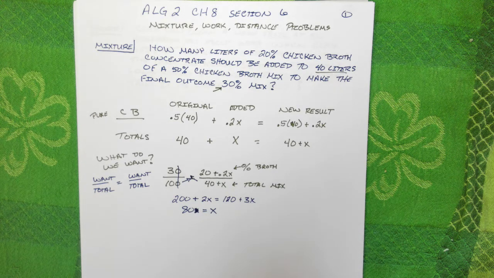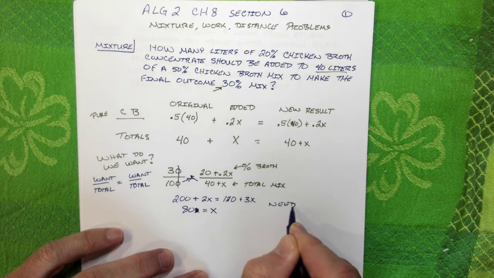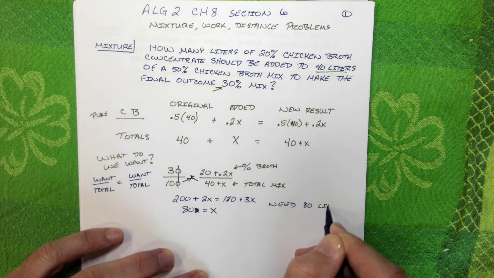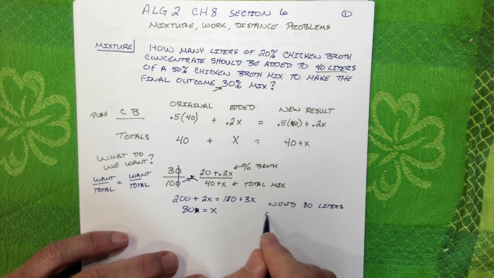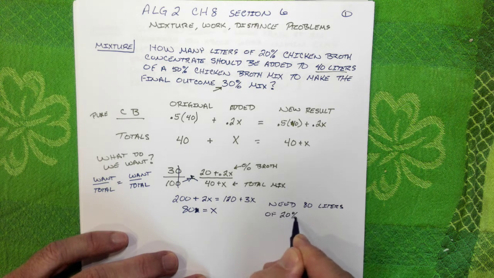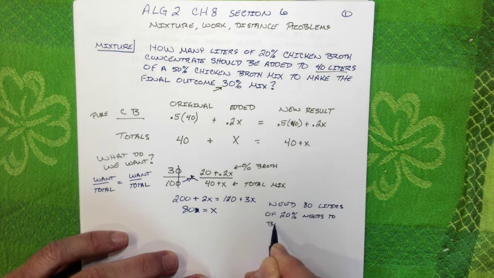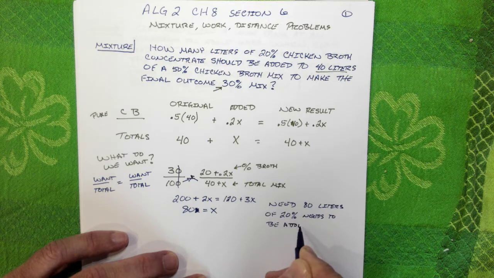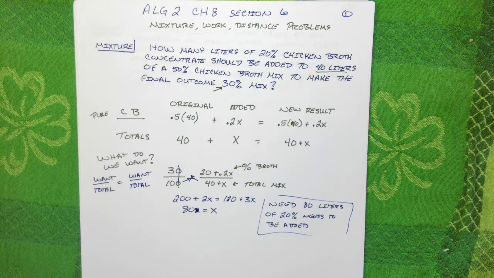That means in order to get to this 30% mixture that we want, you need 80 liters of the 20% solution to be added to the 50% to knock it down so it's only a 30% concentration.